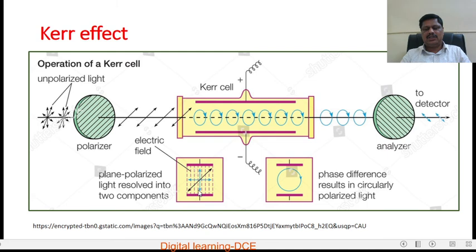Depending upon the path difference or phase difference induced in these two components, the light is converted into circularly polarized light. So the plane polarized light is converted into circularly polarized light when it is passed through a Kerr cell. This effect is called the Kerr effect.